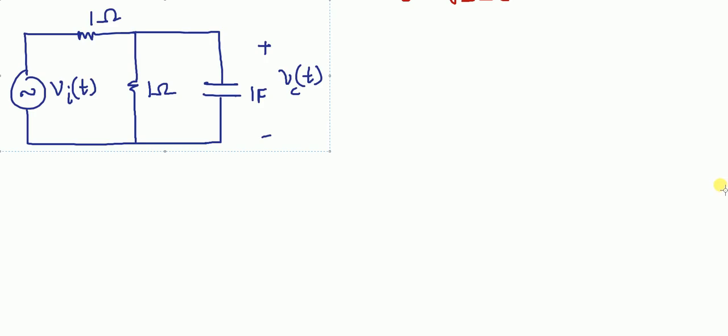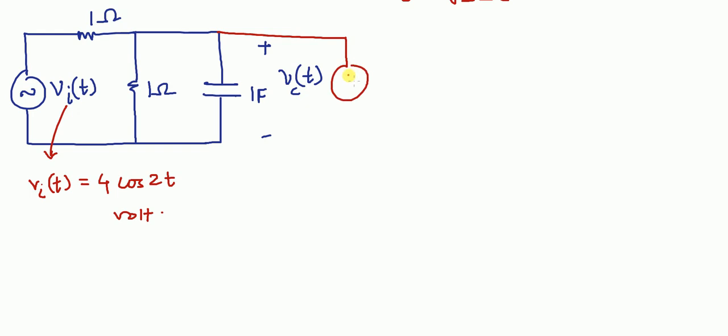What I mean to say, the circuit has a sinusoidal voltage source Vi(t), that is 4 cos 2t volts, sinusoidal voltage source, and a DC current source connected in parallel with the capacitor. This source is DC. So in this circuit we have two sources. One is sinusoidal source, another is DC source.